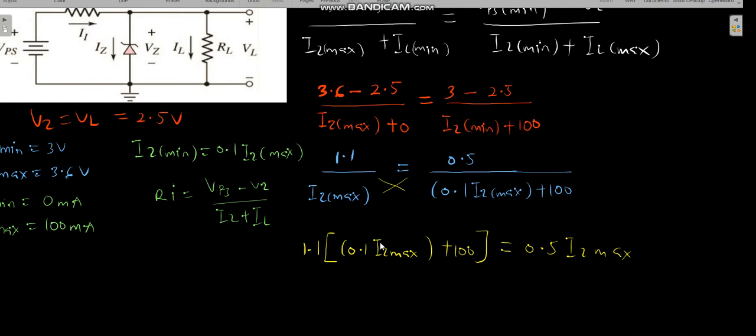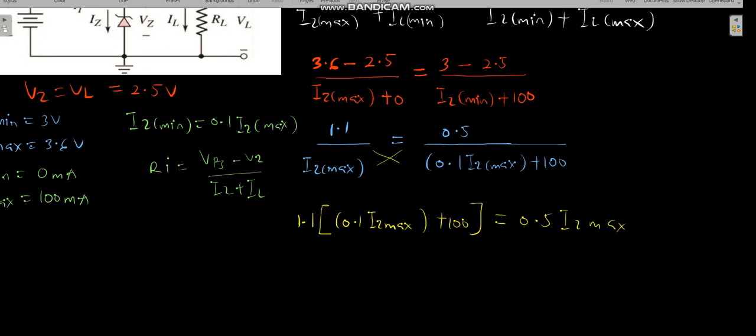Let's open this bracket: 1.1 multiplying with 0.1 Iz max, plus 100, this should be equal to 0.5 Iz max.